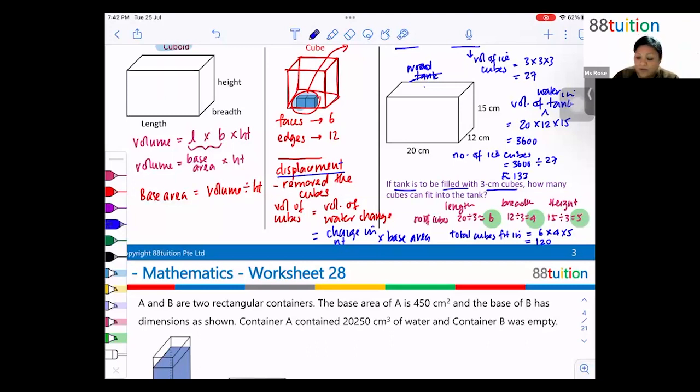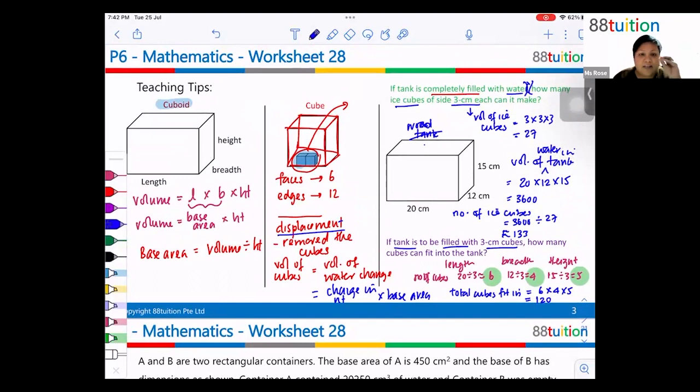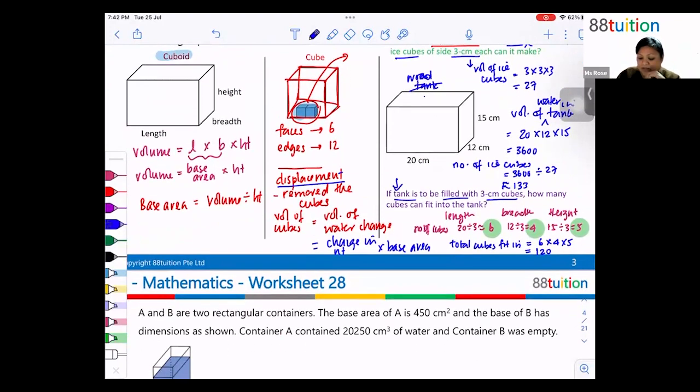You cannot use the method of finding total volume divided by the volume of the cube, but rather you have to use this method. These are the two types of volume questions that are very common and familiar, besides, of course, flow of water into the cube, which we will go through today.